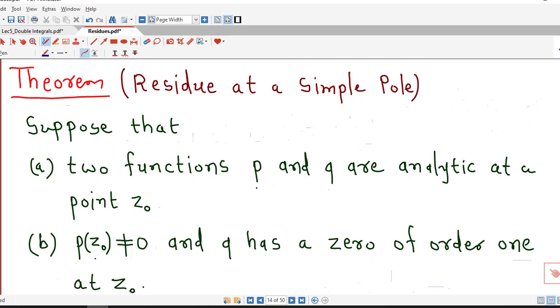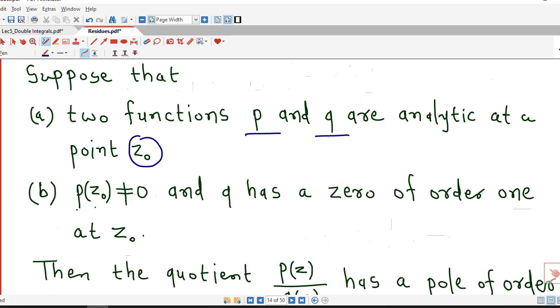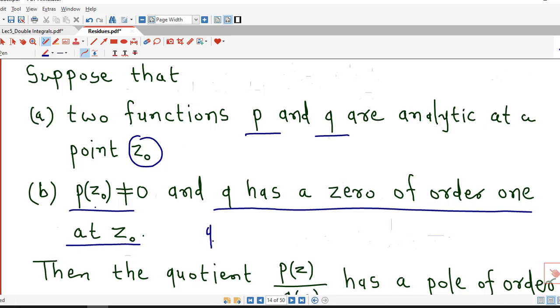Suppose that two functions p and q are analytic at a point z0, and the second condition is that the value of function p at z0 is non-zero and function q has a 0 of order 1 at z0. That means the value of q at z0 is 0, but the value of the first derivative of q at z0 is non-zero.